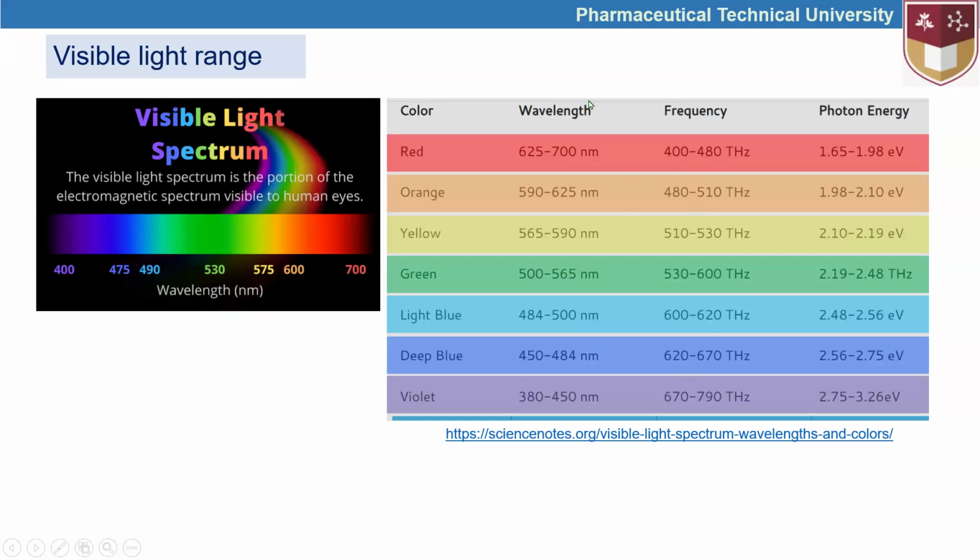So between wavelength and frequency we see a reverse relationship, and likewise a reverse proportion between wavelength and photon energy as well. The smaller the wavelength, the higher the photon energy; the higher the wavelength, the smaller the photon energy.